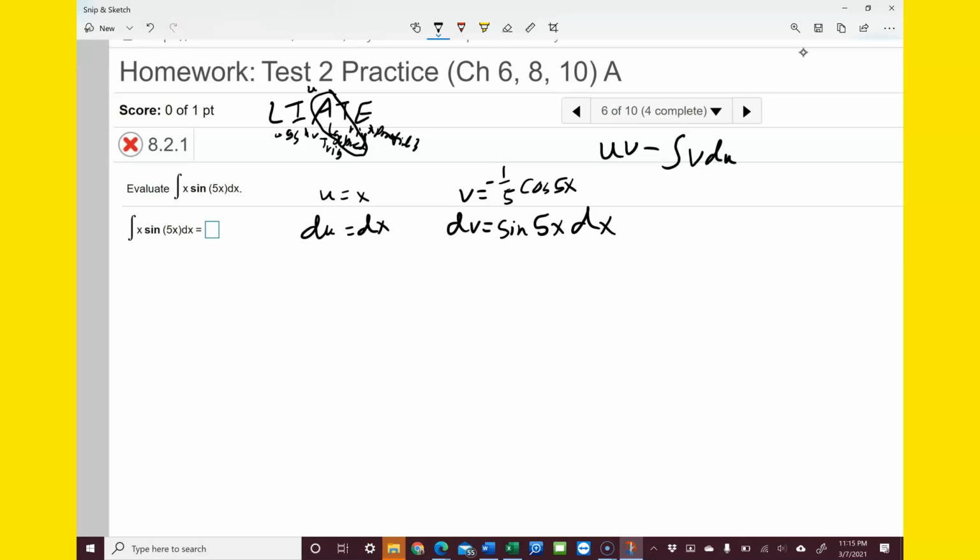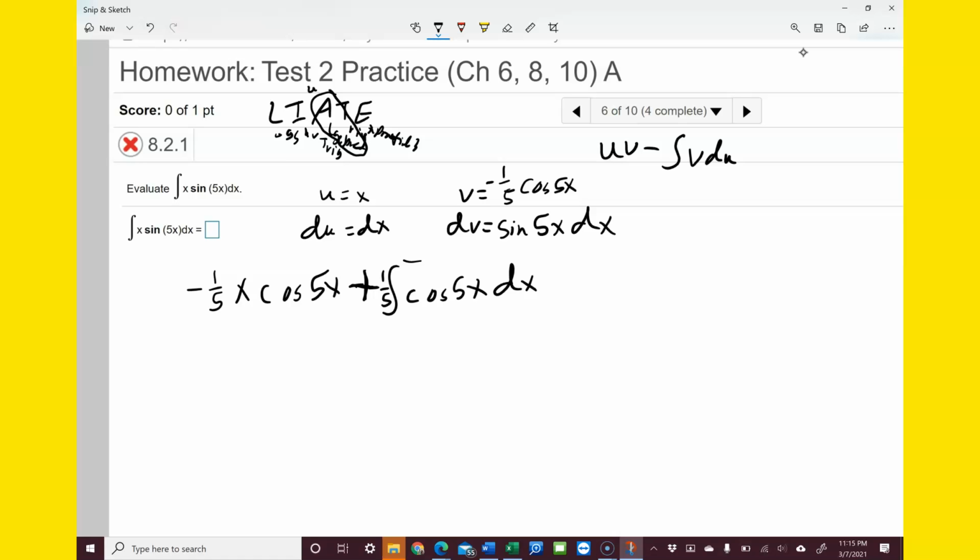So uv would be x times negative 1/5, and I'm going to put the negative 1/5 in front, cosine 5x minus the integral of v, so negative 1/5, I'm going to put that out front, cosine 5x du, which du is just dx. So I'm going to go ahead and make that be plus. Since it's minus and negative, I'm just going to make it plus.